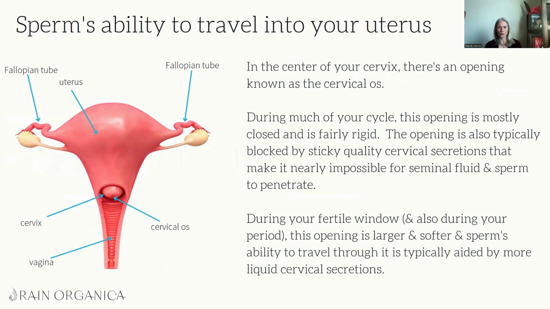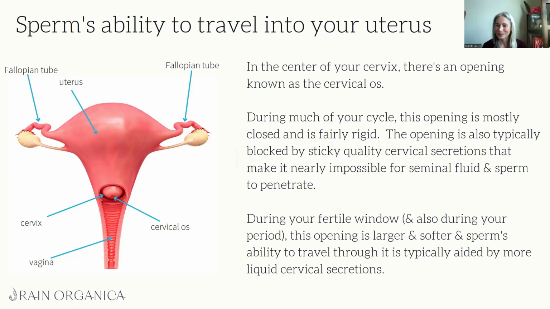In the center of your cervix, there's an opening known as the cervical OS. During much of your cycle, the opening is mostly closed and it's fairly rigid because your cervix is actually fairly hard during most of your cycle. The opening is also typically blocked by sticky quality cervical secretions that make it nearly impossible for seminal fluid and sperm to penetrate.